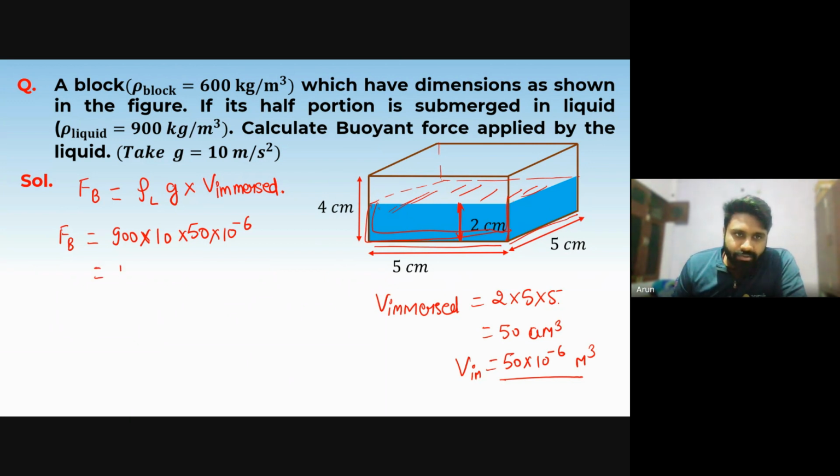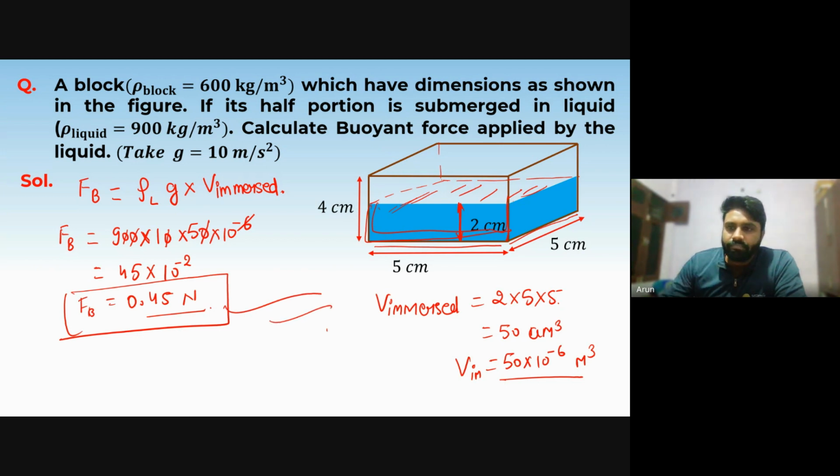It will become 45 into 10 raised to the power minus 2, or you can say it is 0.45 Newton. This is the buoyant force. So this much amount of force will be faced by this block. This is the buoyant force that is applied by the liquid.